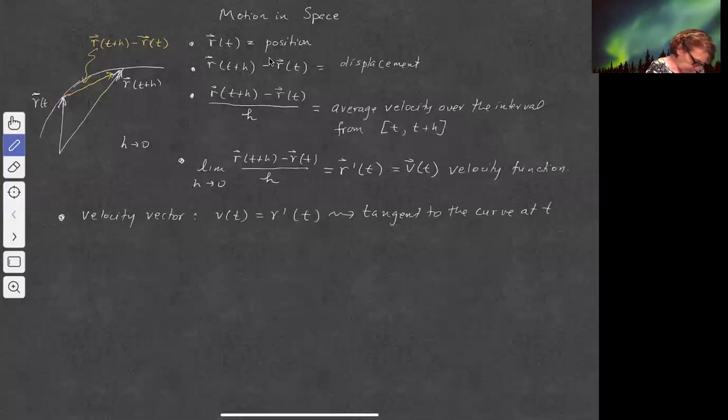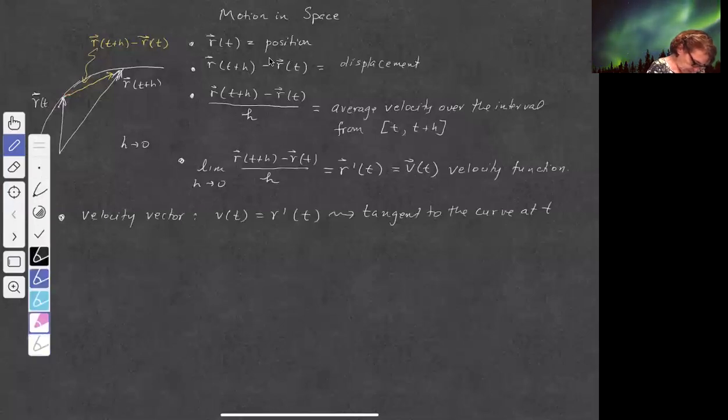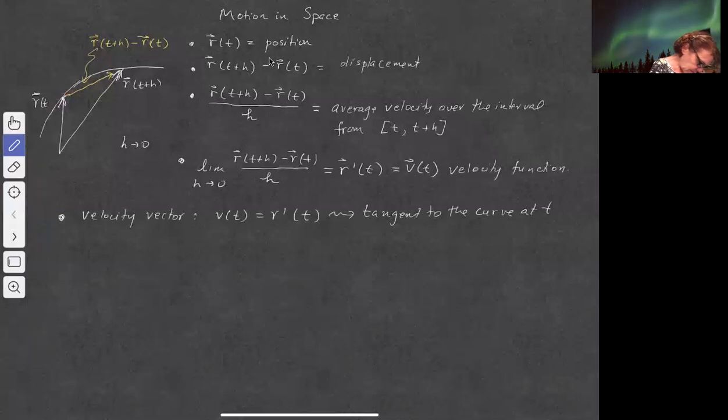I'm going to represent it in pink because I like pink. So here's the point, and here the velocity vector would be tangent. So this is r prime of t, or the velocity vector.